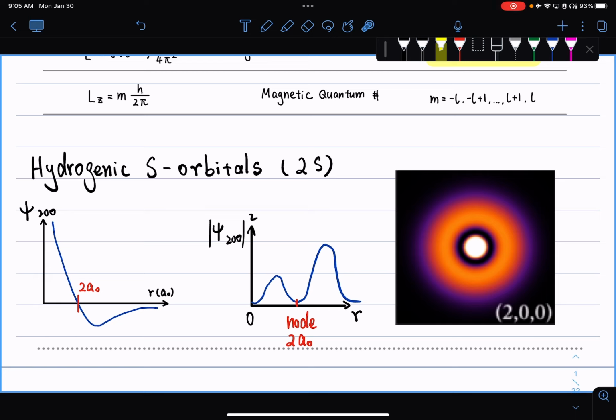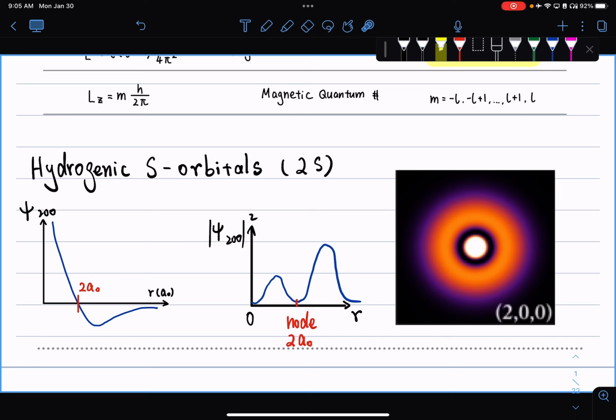If we take the wave function and square it, at the radial node, where your wave function is 0, there is low probability of finding the electrons. So if we plot that wave function, take the absolute value squared, by definition we get the probability density function of finding that electron somewhere in space.